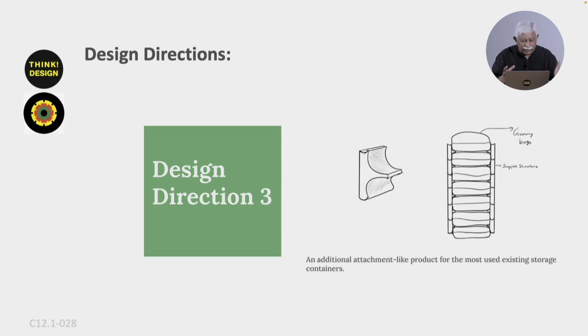Okay. An additional attachment like product for the most used existing storage containers. So, there is an additional thing which makes the storage containers independent by itself. If you look at this, if you stack vegetables one on top of another, the vegetables at the bottom get all the weight of the top of the vegetables.